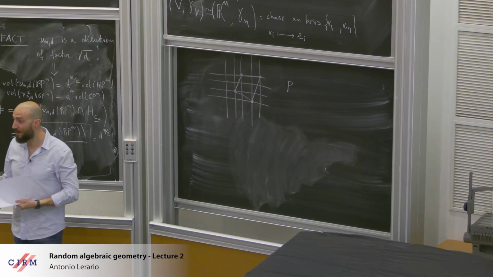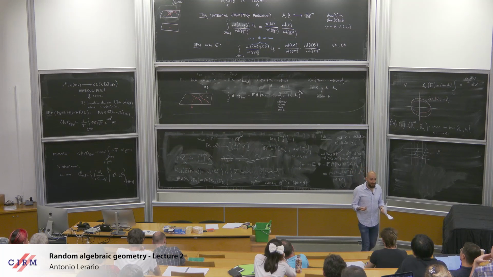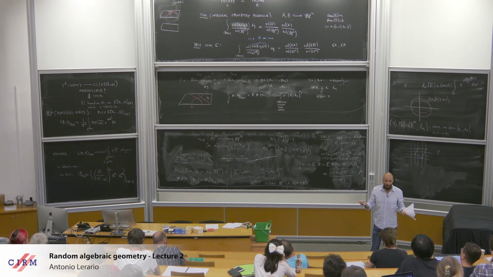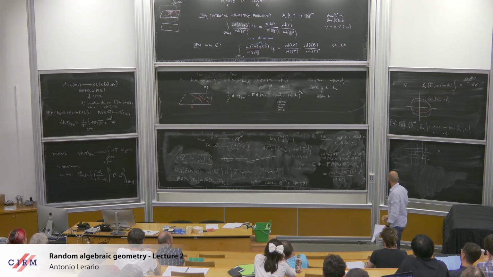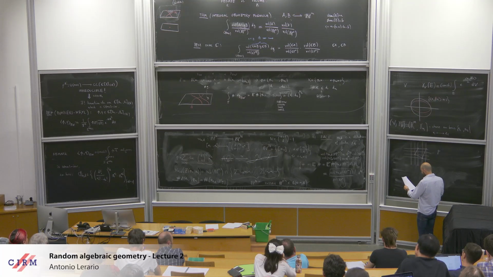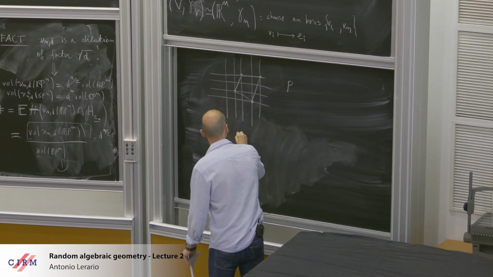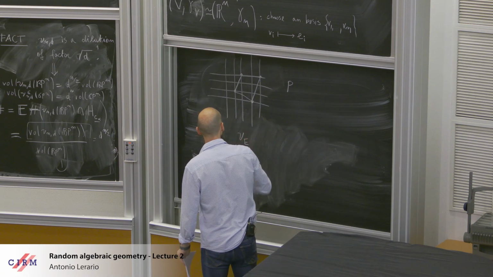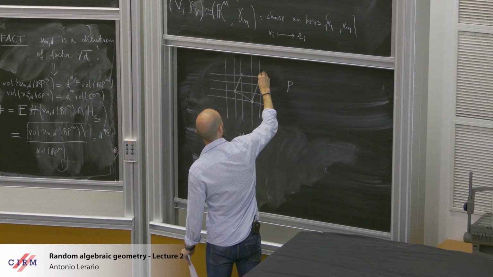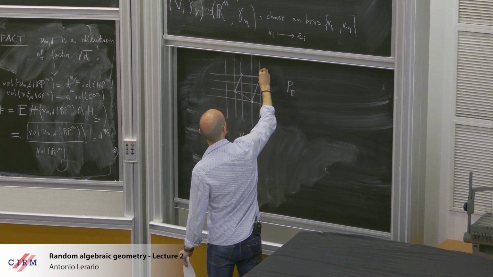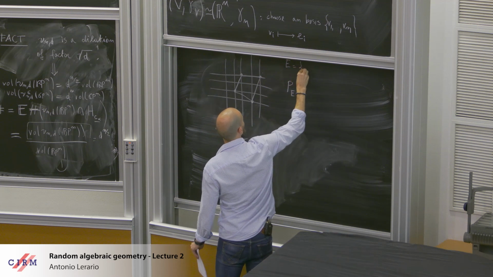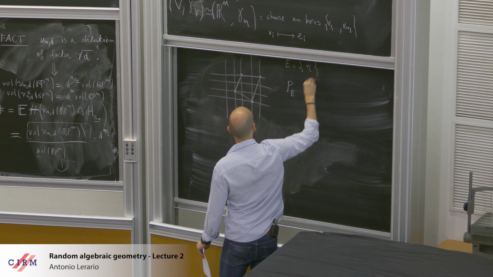And then the problem reduces to computing the volume of the image under the Veronese of just some of these monomials, okay? And you can use some symplectic geometry essentially to prove this volume. So you take the corresponding Veronese, let me call it P_E, and E is the support, just a bunch of powers.